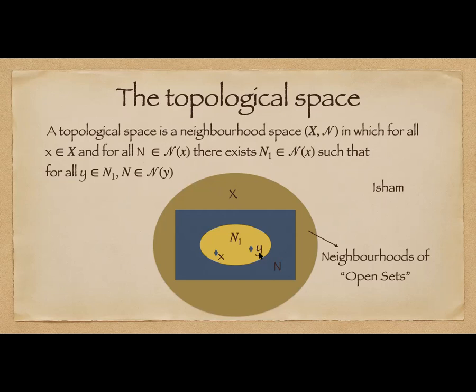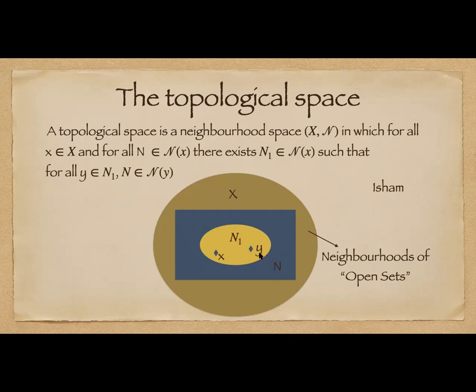So there is more structure than a neighborhood space because the topological space talks to the elements in the neighborhood of x. And there should be an overlap between the neighborhood of x and the neighborhood of y. At least there should be one set which is both in Nx and Ny.